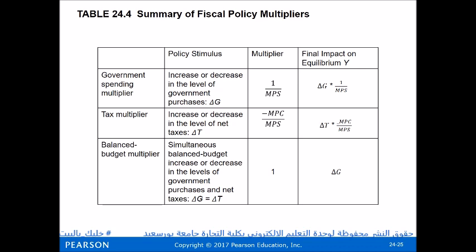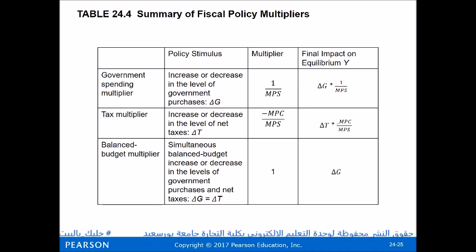We see that an increase or decrease in the level of government purchases is delta G. The value of the multiplier is calculated by dividing 1 by the marginal propensity to save, or 1 divided by MPS, and we can find the final impact on equilibrium of an increase or a change in G by multiplying the initial change or increase in G, which is delta G, by the value of the multiplier, which is 1 divided by MPS.